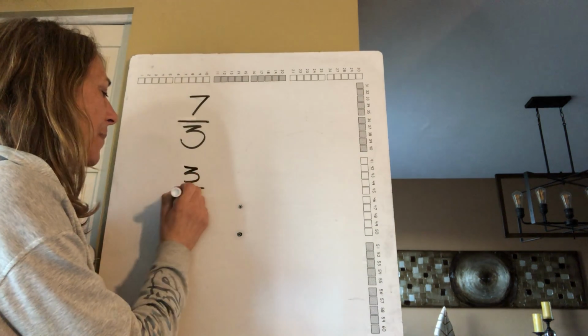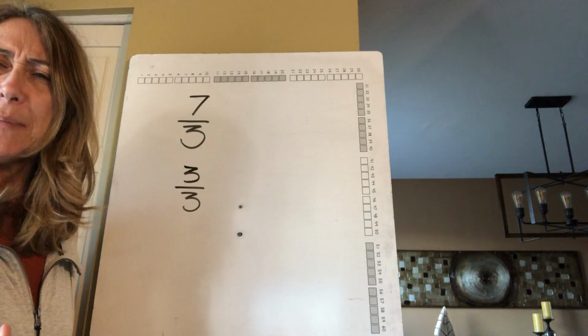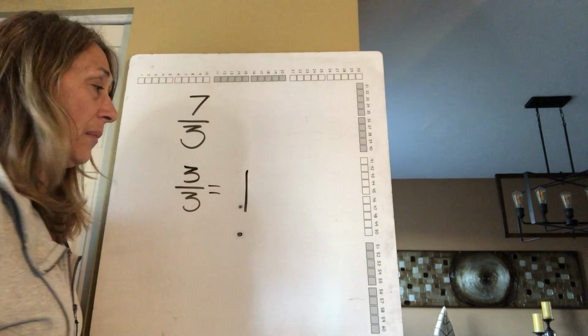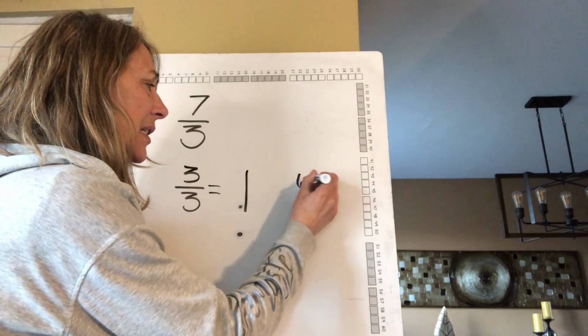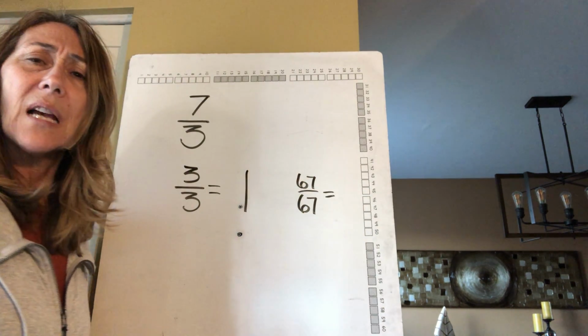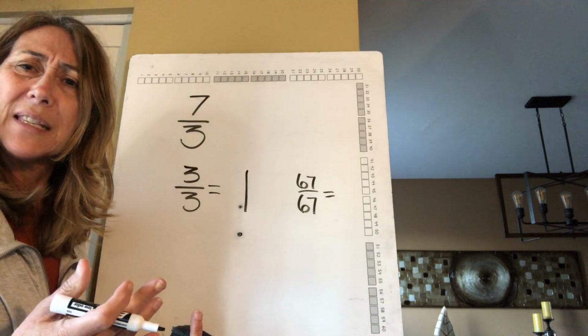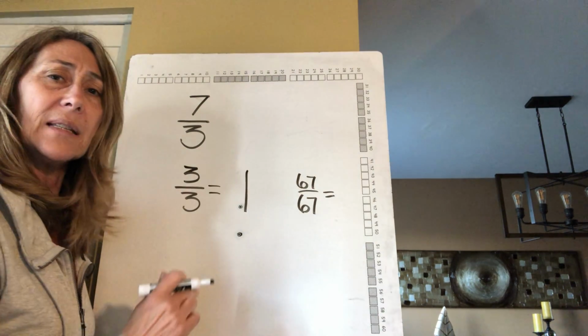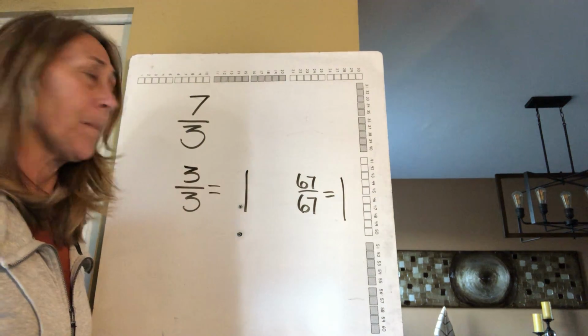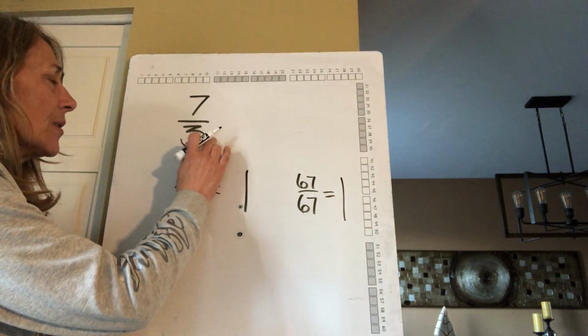Because whenever my top numerator is the same as my bottom denominator, that equals 1 whole. I could have 67 67ths. Doesn't matter. As long as my numerator and denominator are the same, I have all the pieces that equal 1 whole. So it's 1.